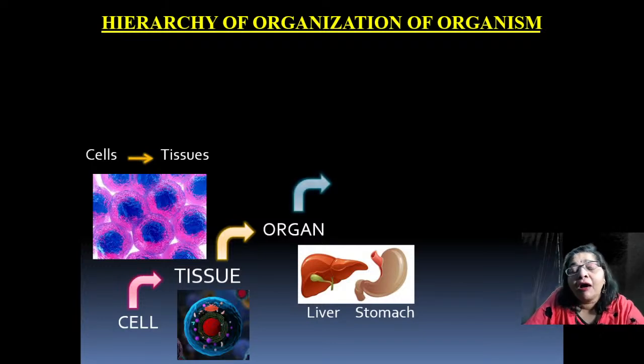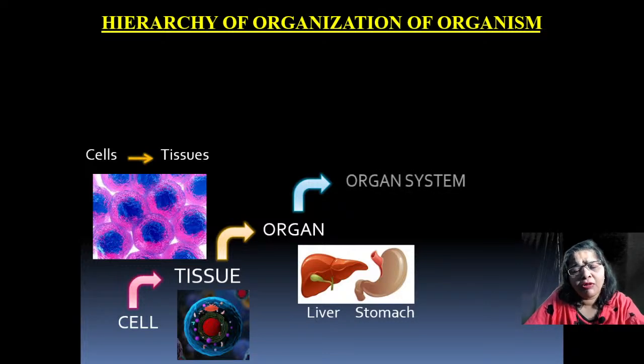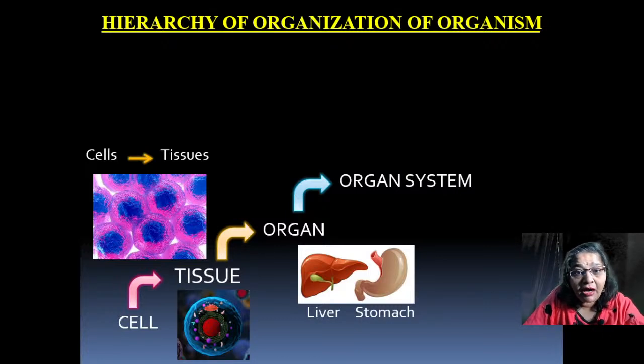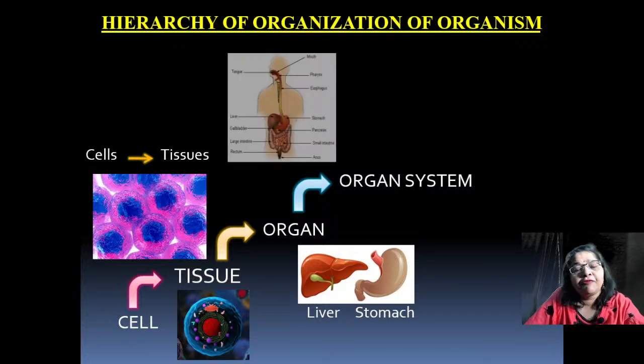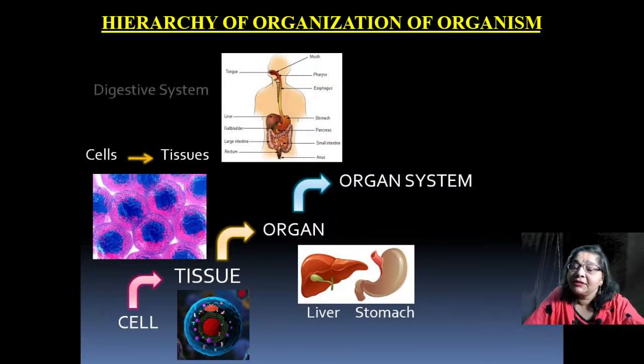Now different organs like the liver, the stomach, the intestines, the food pipe or esophagus, the throat, the mouth, all these together form a system in which all the organs are arranged sequentially, and they form what is called an organ system. For example, the digestive system in man. So it's an organized organ system.